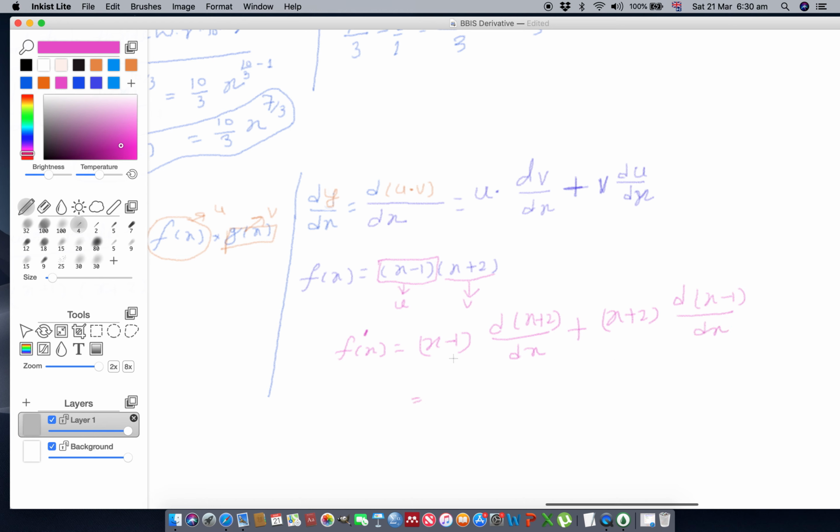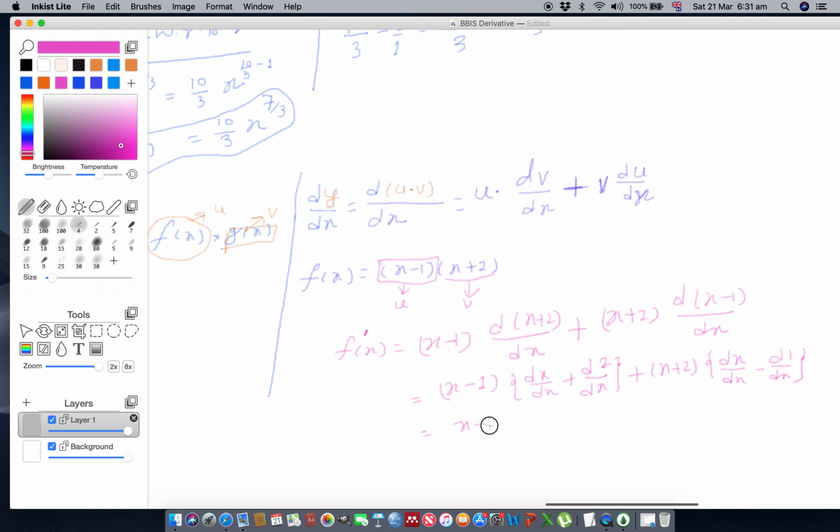I already told you, friends, this x minus 1 is a constant for the first term. And what is the derivative of this term? We can reduce it into the simpler form as dx over dx plus d2 over dx. Plus x plus 2 constant and dx over dx minus d1 over dx.